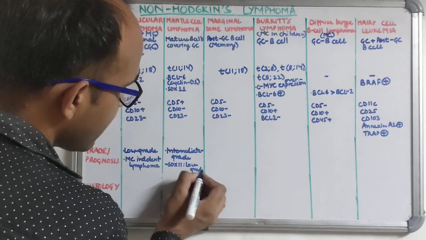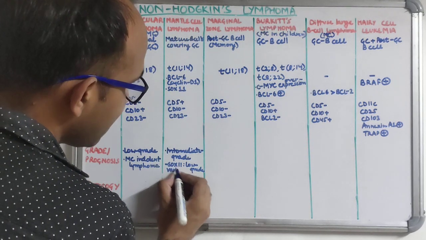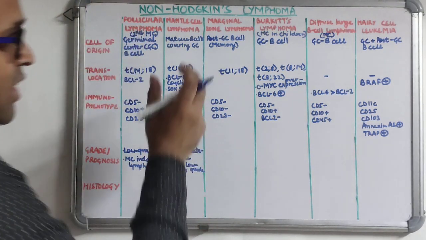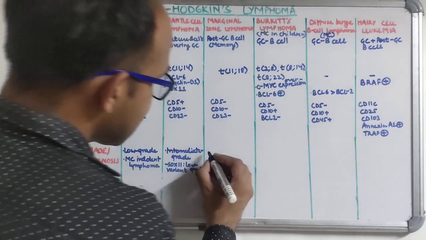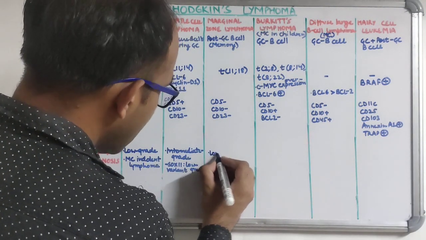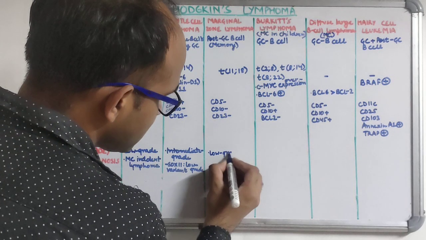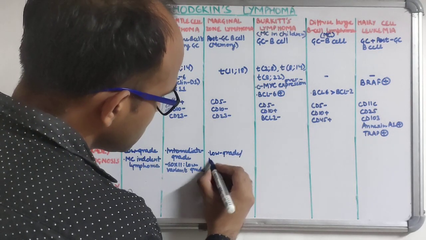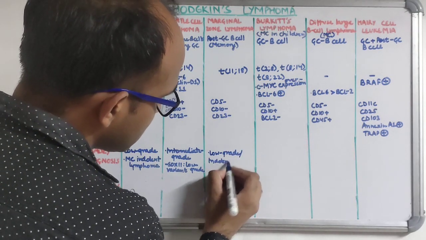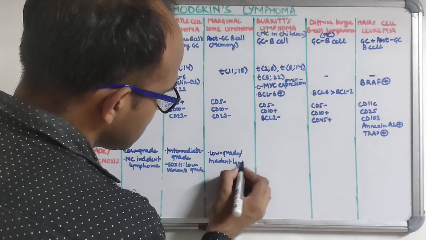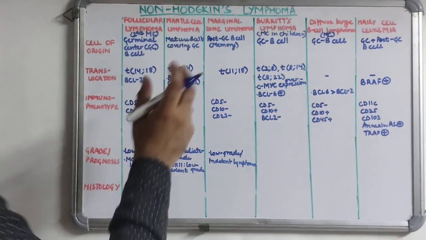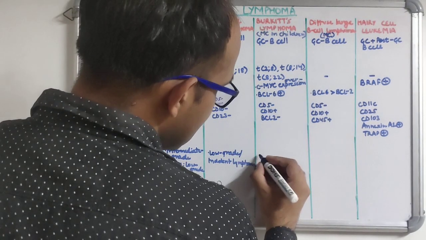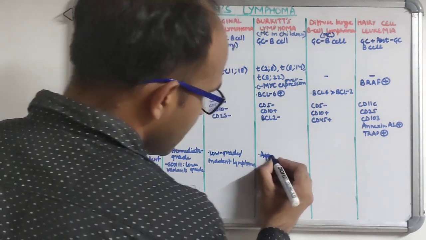Otherwise it is intermediate grade. Marginal zone lymphoma is again low grade or indolent lymphoma. And Burkitt's lymphoma and DLBCL are aggressive lymphomas.